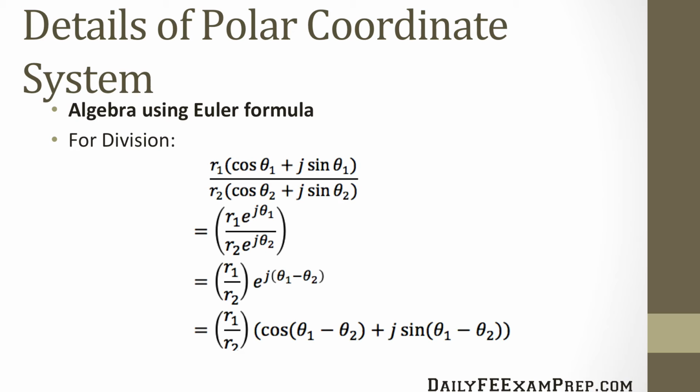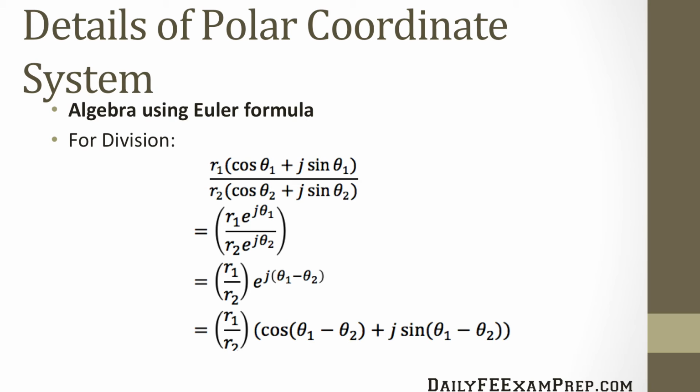And for algebra, using Euler's formula for division, we get r1 times cosine theta 1 plus j sine theta 1 divided by r2 times cosine theta 2 plus j sine theta 2, which is equal to r1 times e to the j theta 1 divided by r2 times e raised to the j theta 2, and that equals r1 over r2 times e raised to the j times theta 1 minus theta 2.